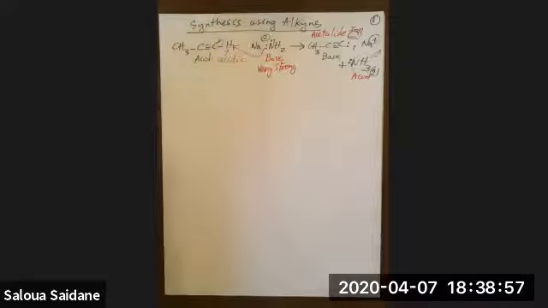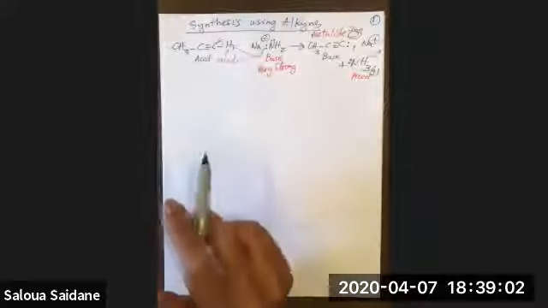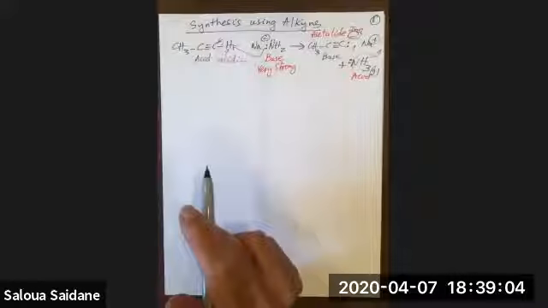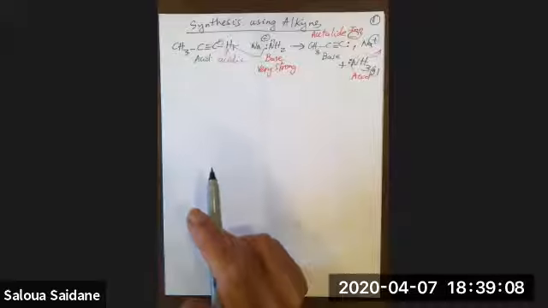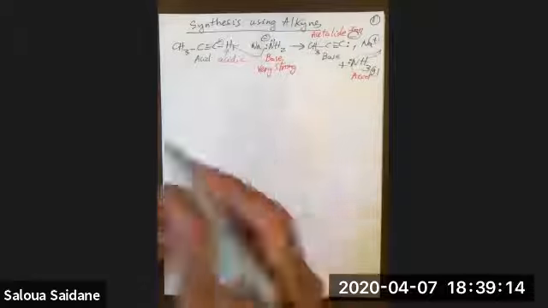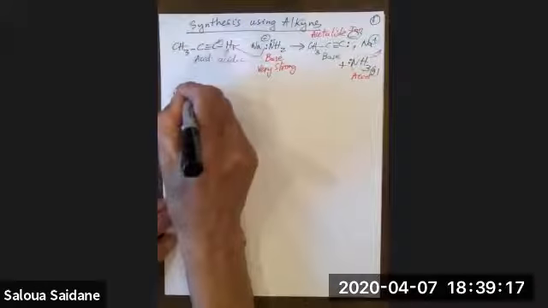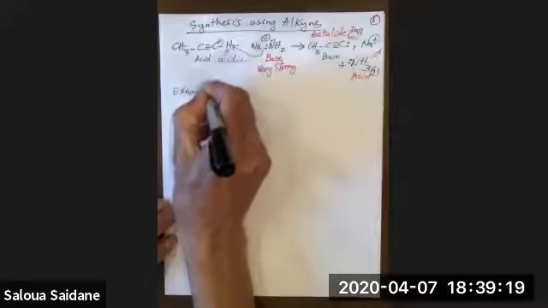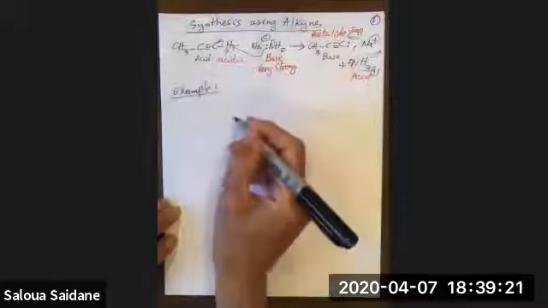So what I'm going to do is show you some examples of synthesis where we use this process, okay? So the first example, and you have these things in your book, and we're talking about retrosynthesis. So we're going to do example 1. So what is this example?